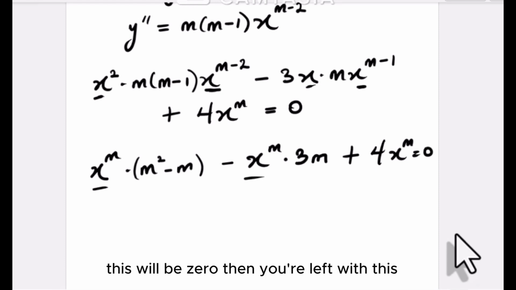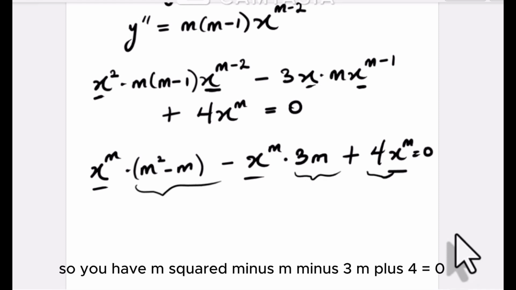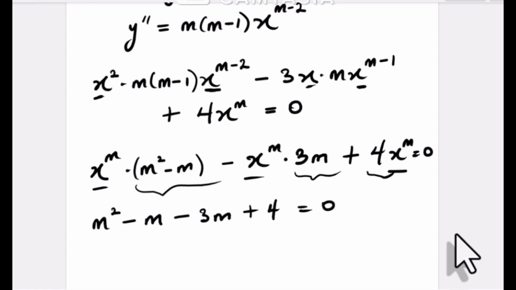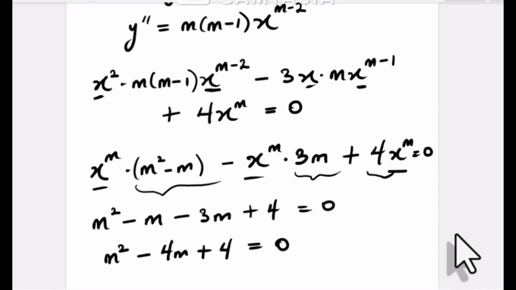The x to the m will be 0, then you're left with m squared minus m minus 3m plus 4 equals 0. M squared minus 4m plus 4 equals 0.